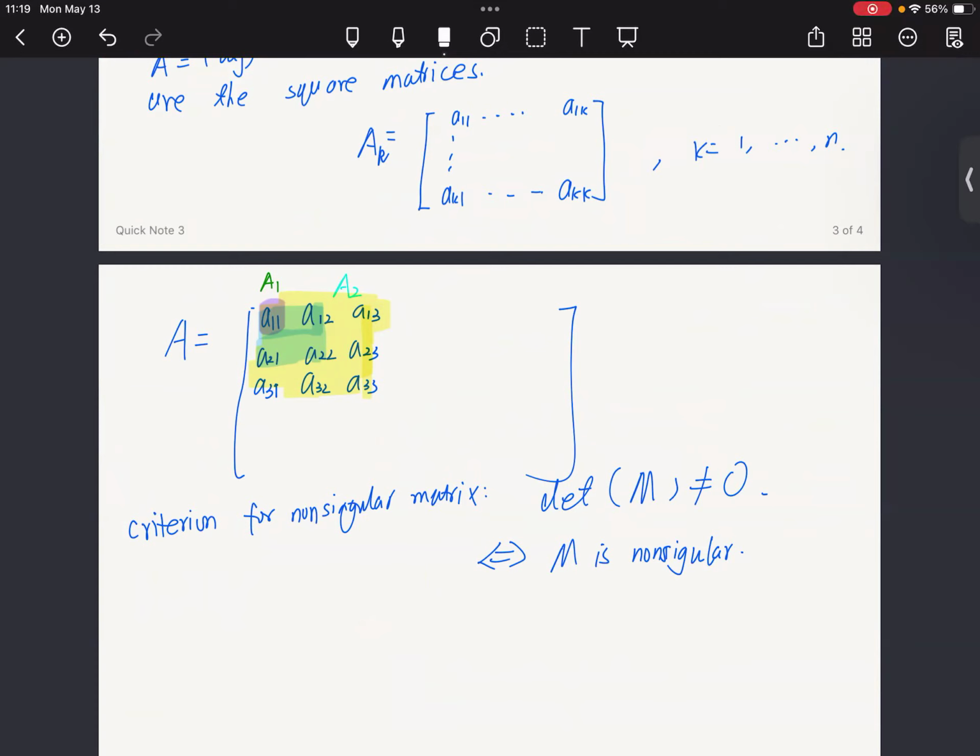And next, I'm going to give you one corollary here.